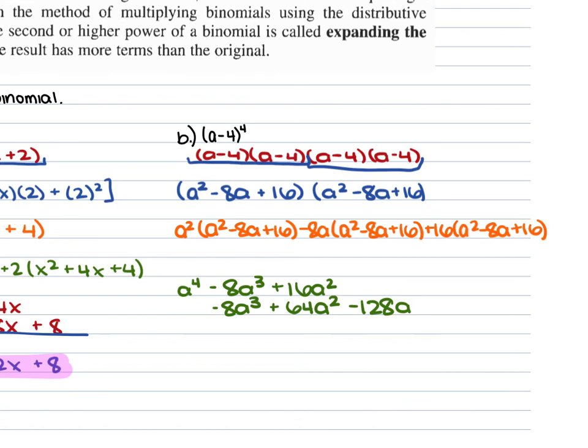Next, I distribute that 16 in. So 16 times a squared is 16a squared. The 16 times negative 8a is negative 128a. And 16 times 16 gives us 256.